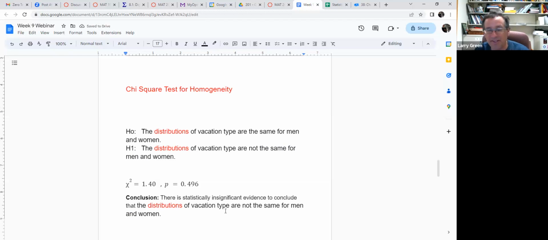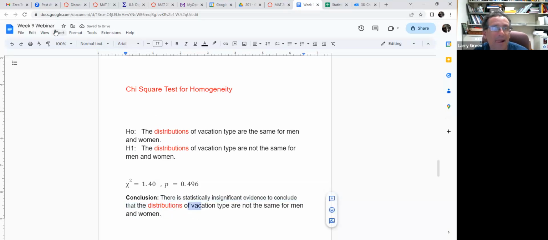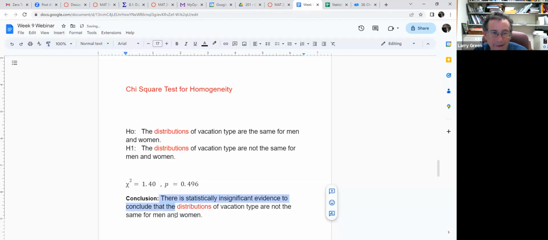That the distributions of vacation type are not the same for men and women. Maybe I should make them the same. Let's do this again. That's better. Any questions?